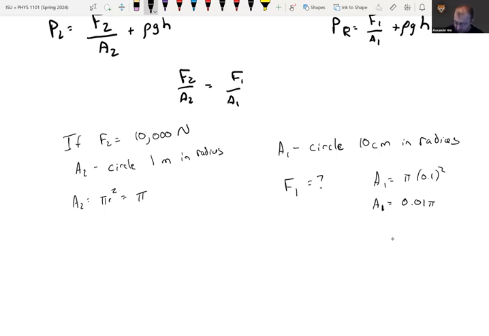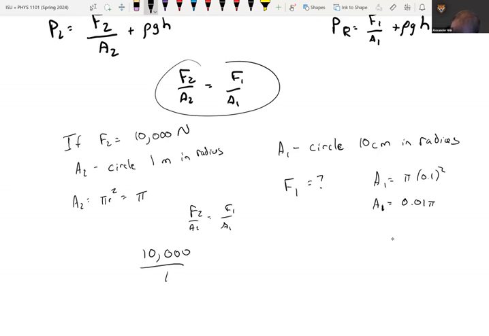Now, let's set this equation up. We have F2 was 10,000 newtons, so F2 over A2 equals F1 over A1. We could write this out, but it turns out the pi's will cancel. So 10,000 newtons over pi should equal F1 over 0.01 pi.